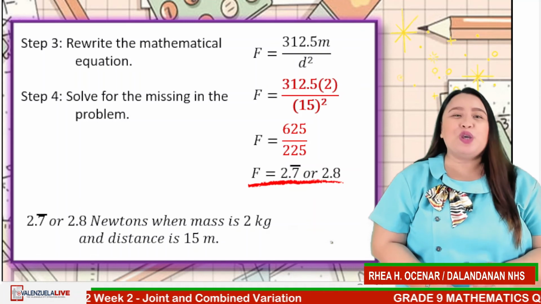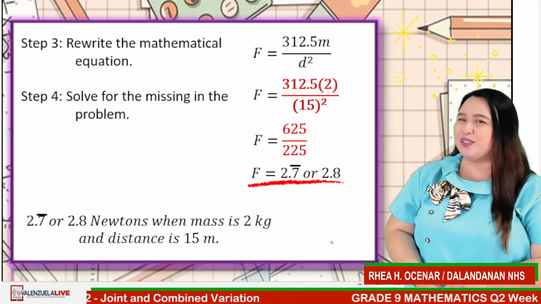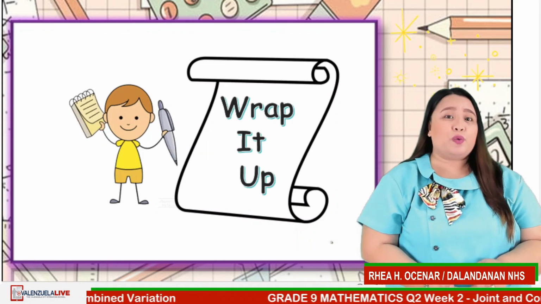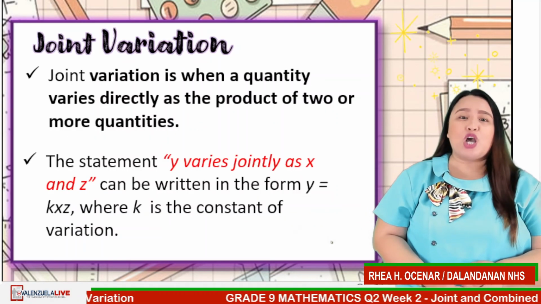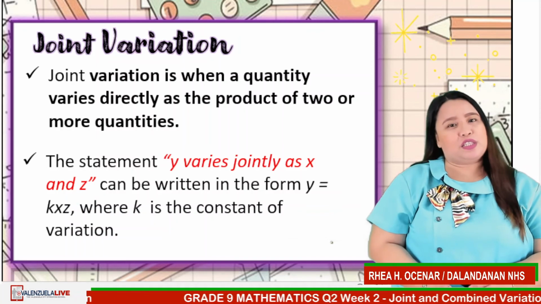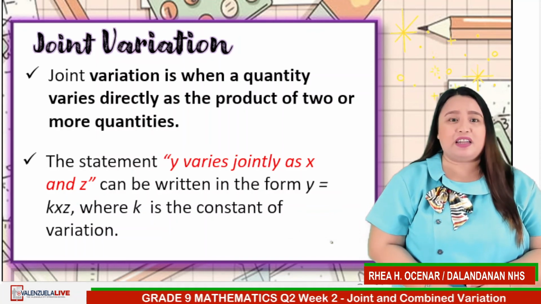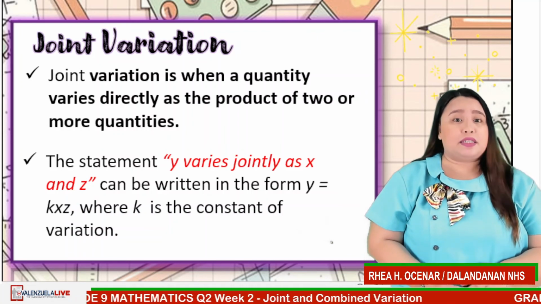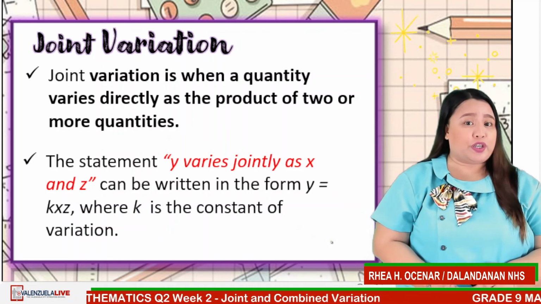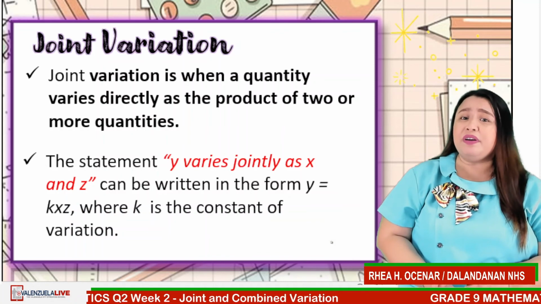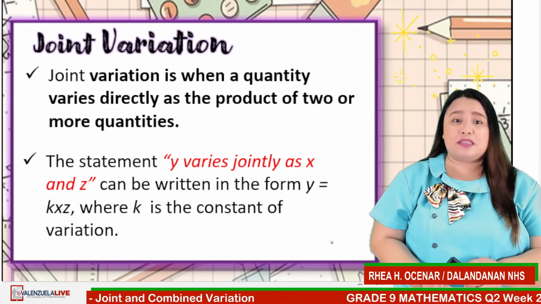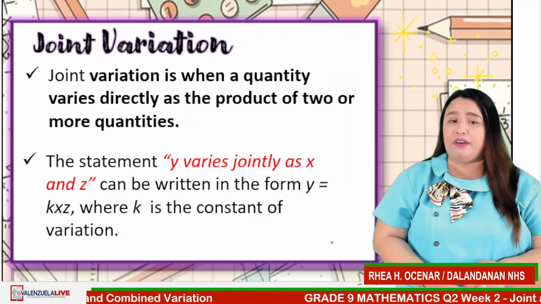I hope you understand our lesson. To sum up our lesson today, we learned that joint variation is when a quantity varies directly as the product of two or more quantities. The statement y varies jointly as x and z can be written in the form of y is equal to kxz, where k is the constant of variation.